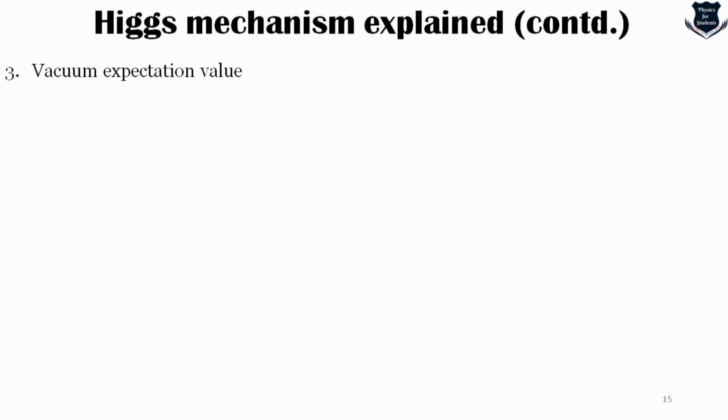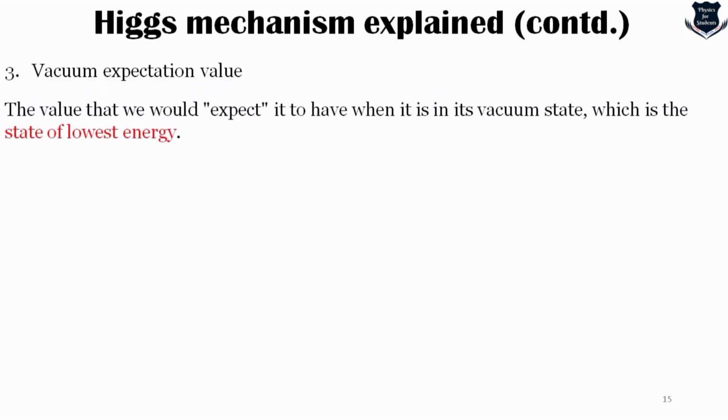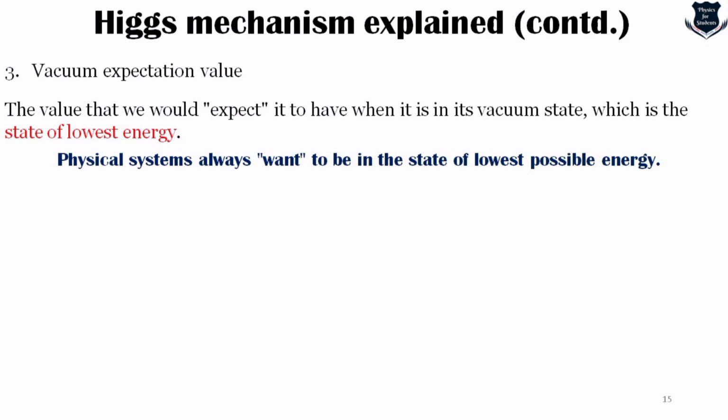It is a general law of nature that a physical system always wants to be in the state of the lowest possible energy. The allowed values for the energy are determined by the system's potential energy function.